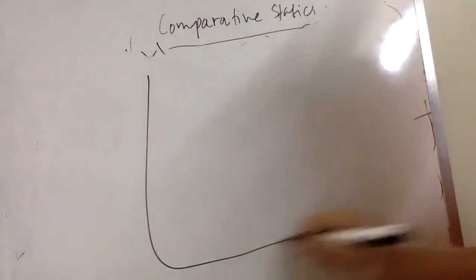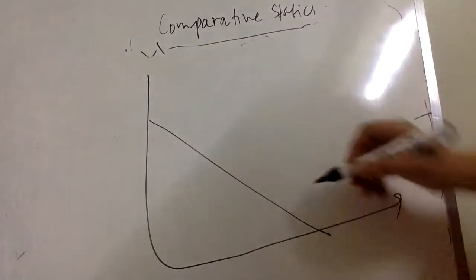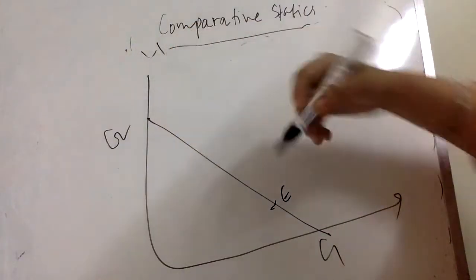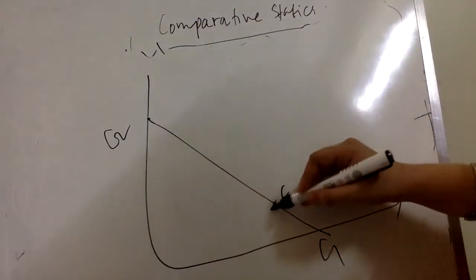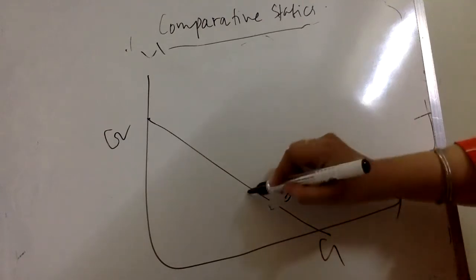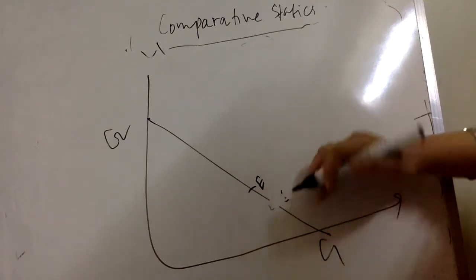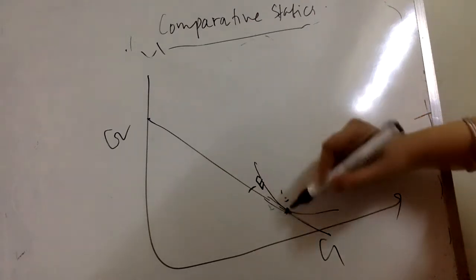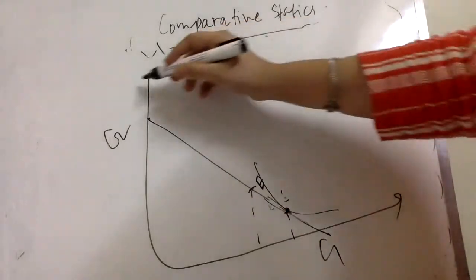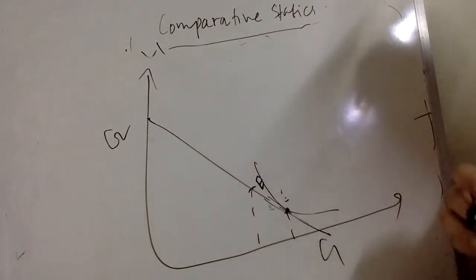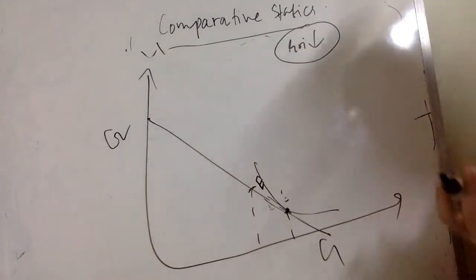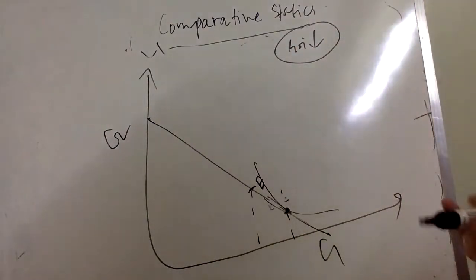So this is my point of endowment, and suppose I am borrowing, so I am at this point where my consumption is more than my income. Now if the rate of interest falls, for a borrower will it be better off? Definitely it should be the case.